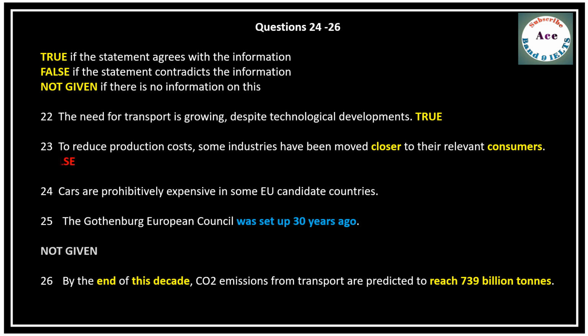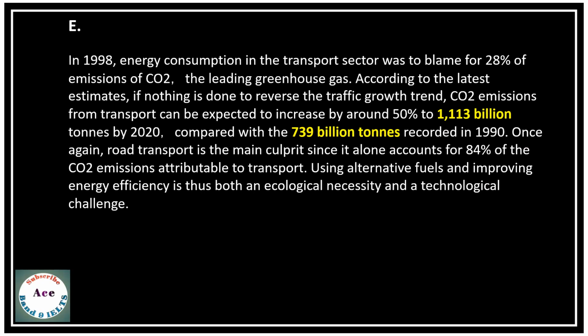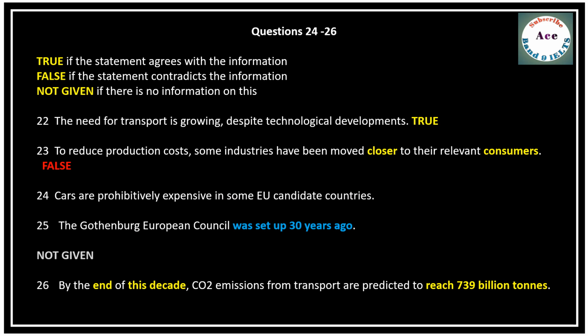Whereas para E says that 739 billion tons was recorded in 1990. That means the given information in para E contradicts what question number 26 claims. Hence, for question number 26, the answer is false.